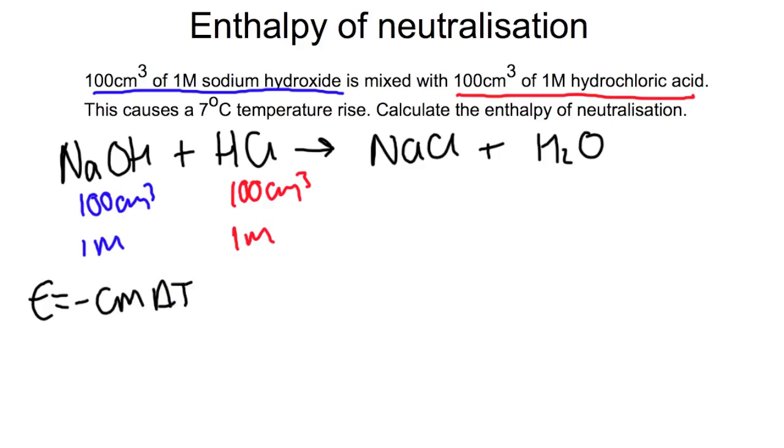In this case we're still using C as 4.18 as we're doing this in water. M is going to be the total of these two values here. So our mass of water will be 0.2 kilograms, and then our temperature change here is 7 degrees.